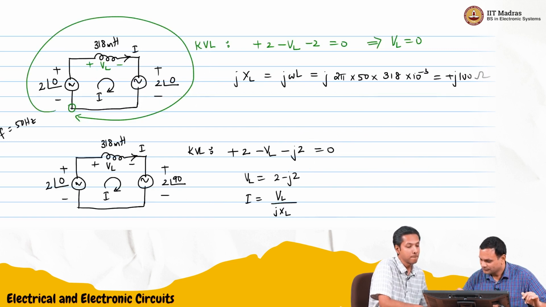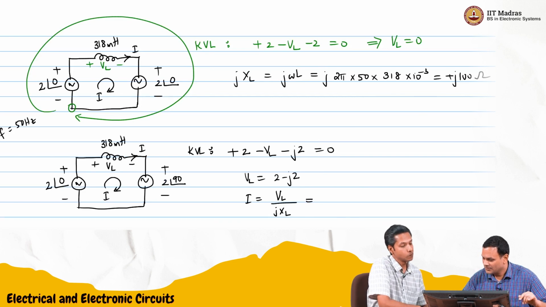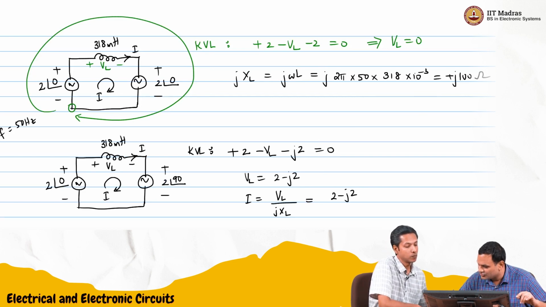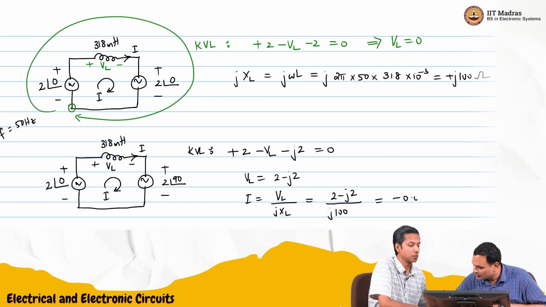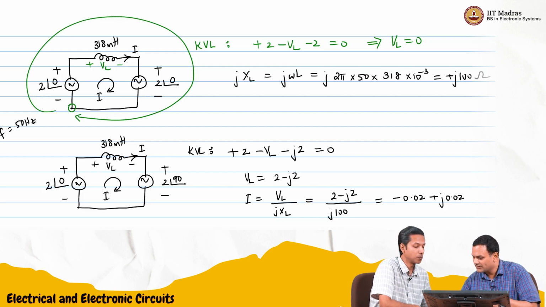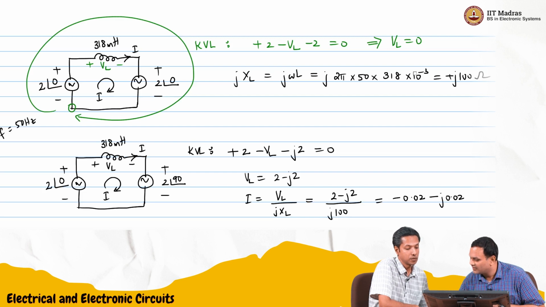So then this current is easy. 2 minus j2 divided by j100. 2 by 100 is 0.02. 2 by j100 is minus j0.02.